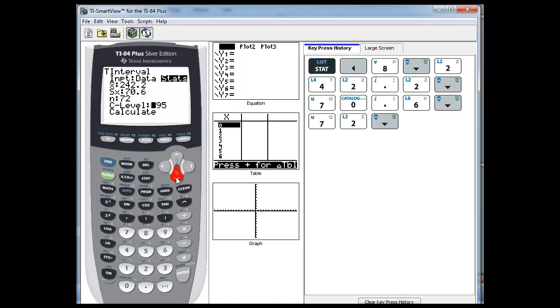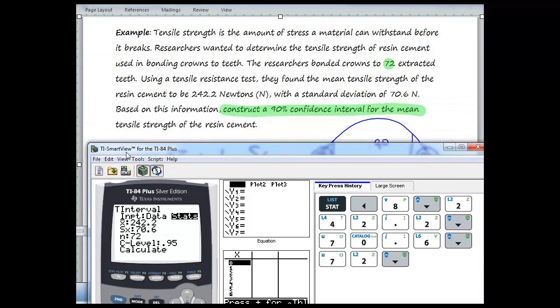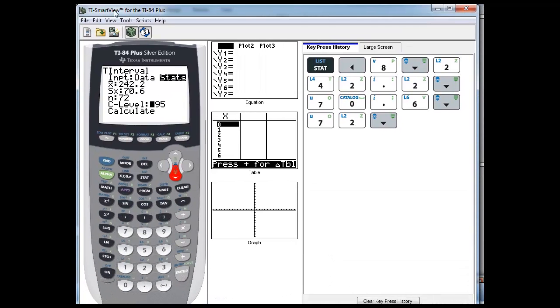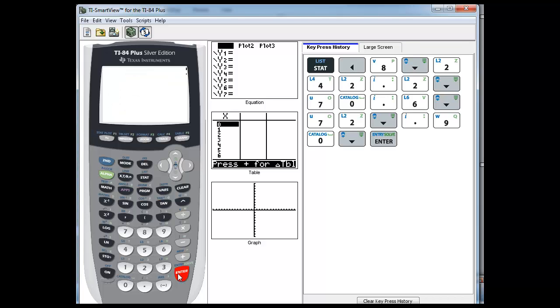And the level of confidence for this one is 90%. I don't have to find that t-value because the calculator knows how to find it. It can compute the degrees of freedom by subtracting 1 from the sample size. So I just put in the sample size, not degrees of freedom. And I tell it all the other information. Now I'm going to hit enter on calculate.